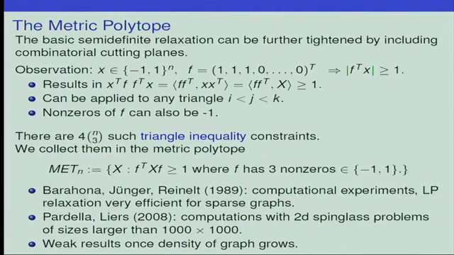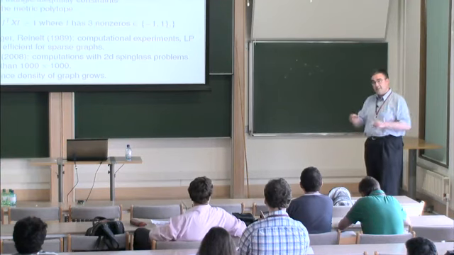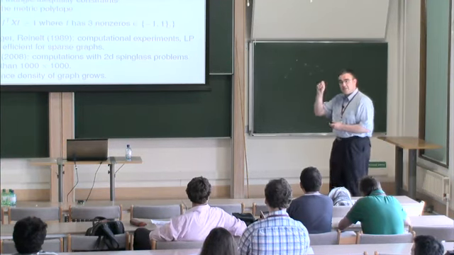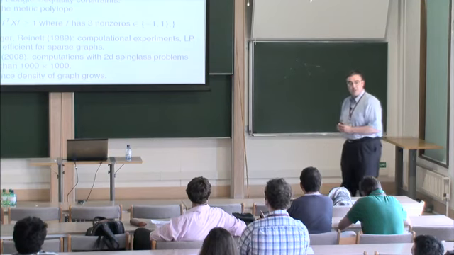In particular, if we look at what are called spin glass problems, which arise from an application of max cut in statistical physics, if you look at 2D spin glasses, a recent paper was able to solve problems larger than 1,000 by 1,000, so max cut problems with more than 1,000,000 nodes, because it's 1,000 squared. This is your grid, and each point on the grid is a node for our problem.